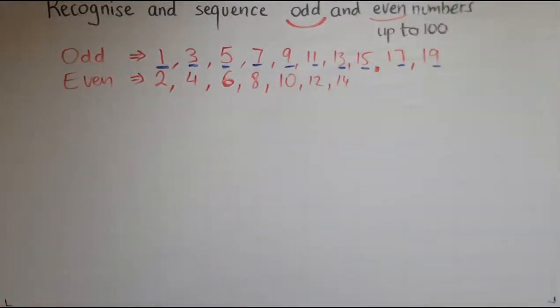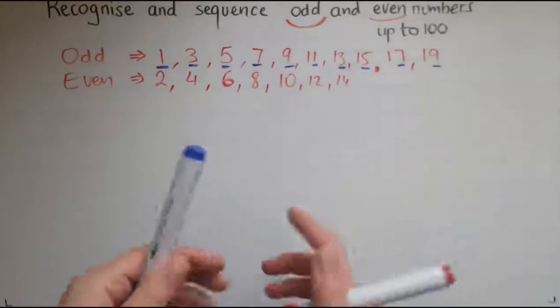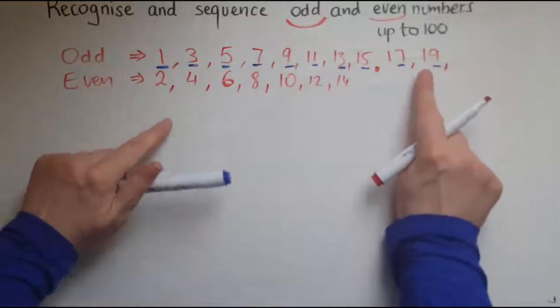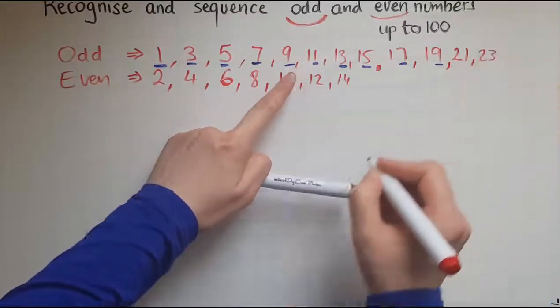So the unit is staying the same. So you can now predict what's going to be the next one. So we've finished there. It's going to be 21, 23.